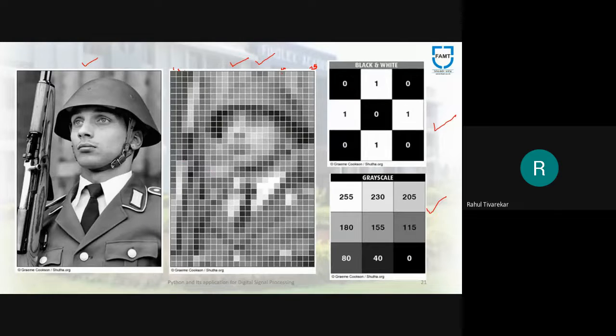So if I use a larger number of pixels, listen carefully to what I am saying. If I use a larger number of pixels to represent this same image, then what will happen? For example, instead of using 1 pixel here, if I use 2 pixels horizontally as well as vertically, so instead of 1 pixel, now I have 4 pixels. So the new pixel is of size 1 by 4 as compared to the earlier pixel.